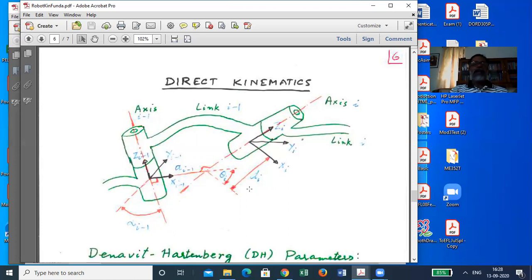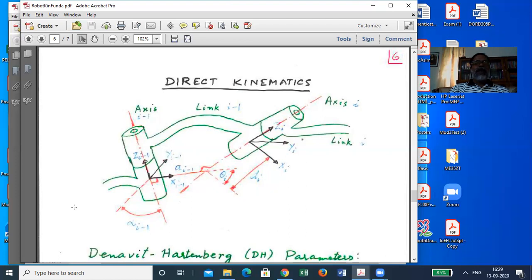So in this sequence, suppose there is a link here, link i minus 2. And then with that, at this joint, you have attached link i minus 1, to which at this joint you have attached link i.